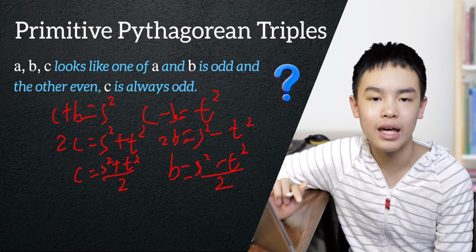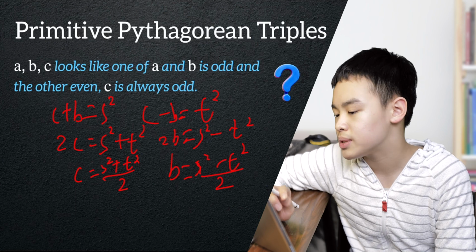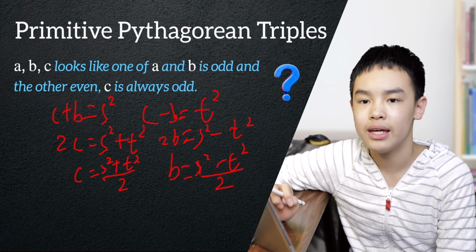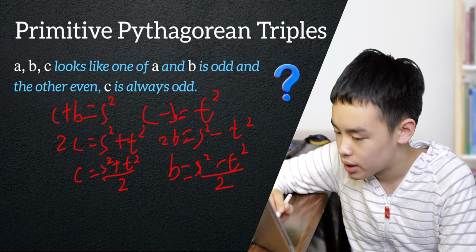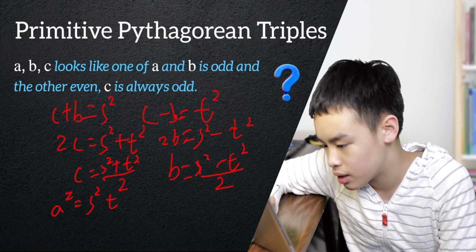Now let's find A. We do know that (C plus B) times (C minus B) is A squared. So A squared equals S squared times T squared.